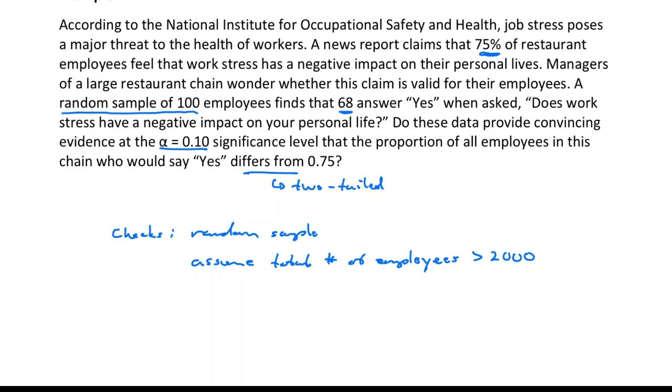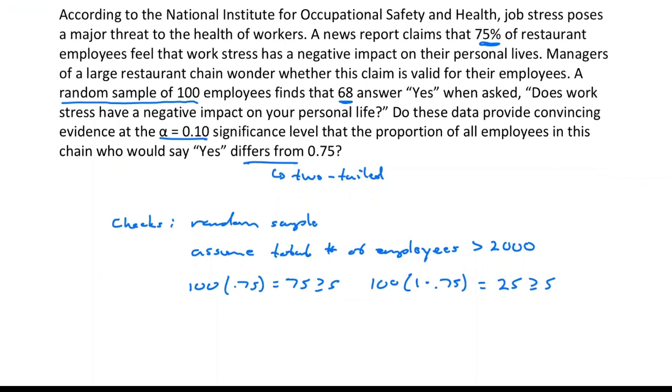And then we have to make sure that 100 times 0.75, which is 75, is greater than or equal to 5, and that 100 times 1 minus 0.75, which is 25, is also greater than or equal to 5, or again, 10 if you use that threshold. All right, so everything checks.